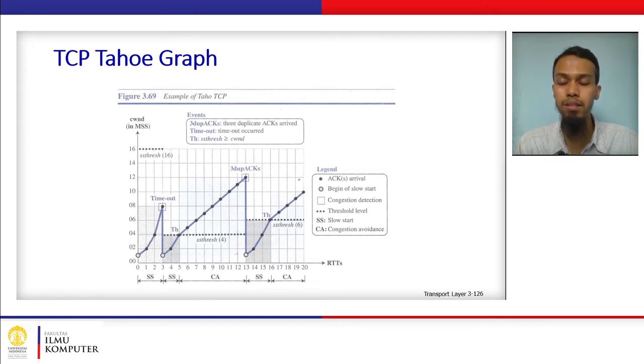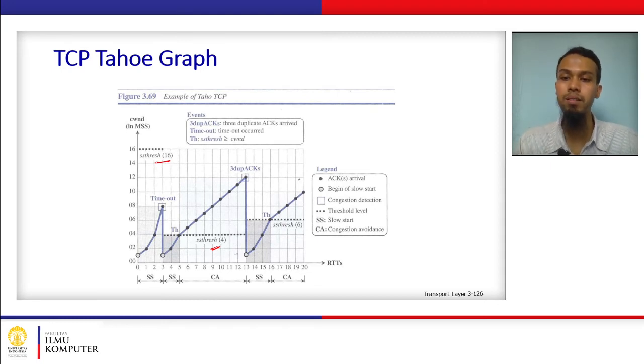The last congestion window before the loss event was detected was 8. So the next SS threshold equals 4. And the initial SS threshold equals 16, by the way. So actually it can grow up to 16 if there is no congestion.